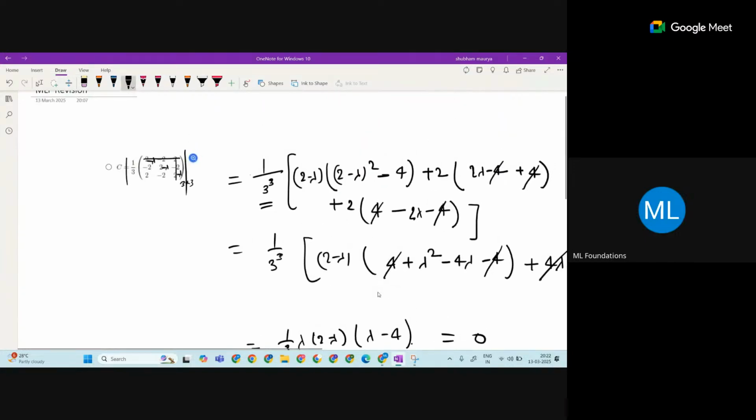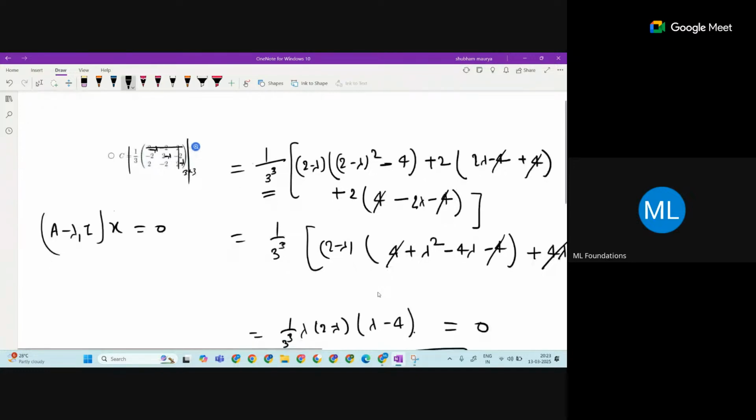So finally we'll get here, if we do A minus lambda 1 I, then times x equal to 0. That's how we'll find the eigenvector.